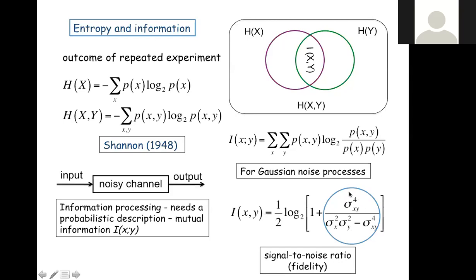And this is the full expression of mutual information. There's a typo, it should be a semicolon here. And this ratio of the variance and covariance gives us the signal to noise ratio, or fidelity of the system.